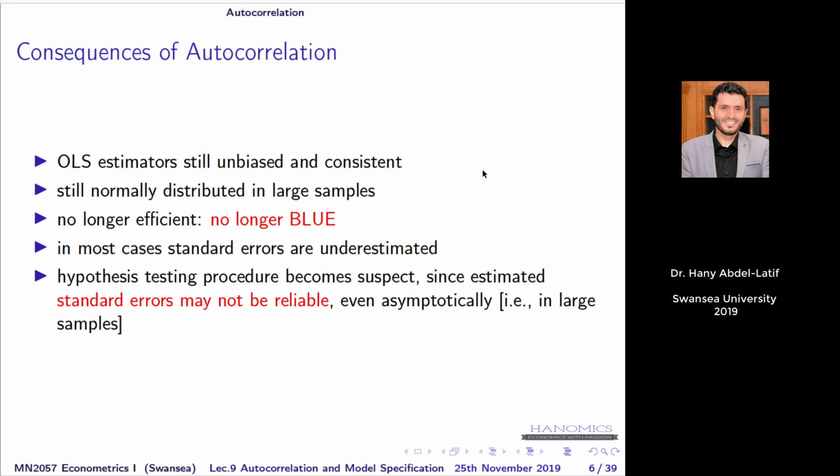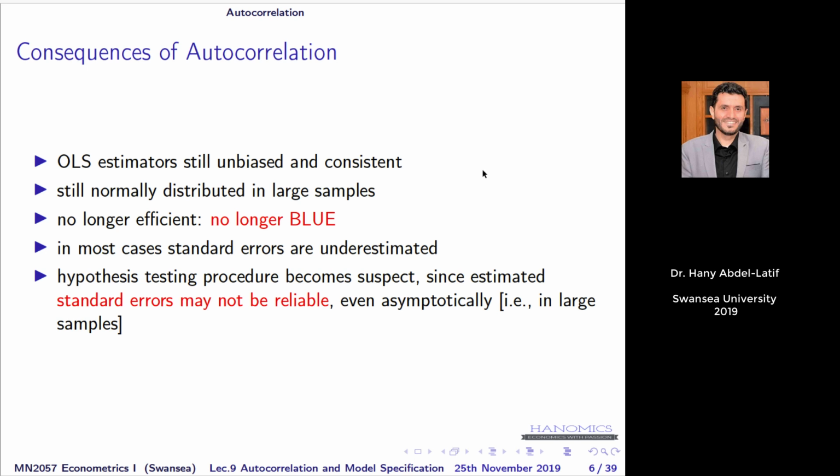Why? Because they are not the best. We lost the best. What do you mean by the best? Best estimator? Smallest variance. The one that has the minimum variance. If the errors are autocorrelated, they don't have the minimum variance, they're not efficient, they're not the best.